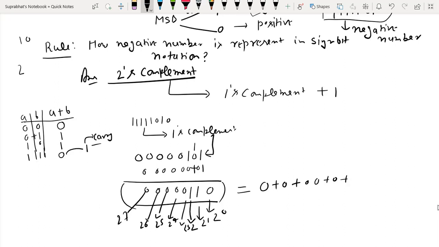Next, 2 to the power 2 into 1, that is 4, and 2 to the power 1 is 2, then 0. Now it is 6 and the minus will attach outside of this. That's why the final answer 6 is displaying on the screen. So after taking the 2's complement, the minus outside will show the final output, that is minus 6.